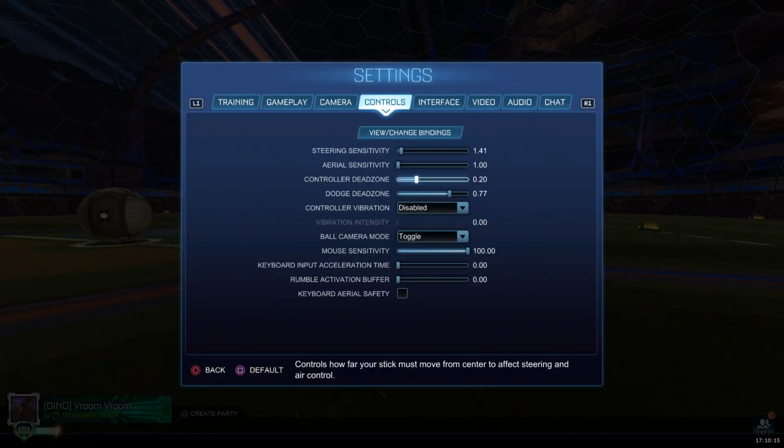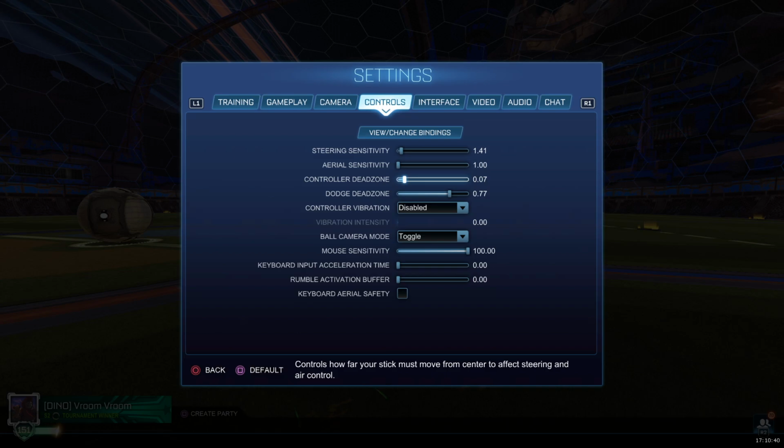So right now, if I have 0.2, I can only move my car from 20% stick movement to 100%, versus if I have it at 0.06, I have the entire 94% range rather than the 80% range. It's a bit better, and it's going to help a bit with your control.